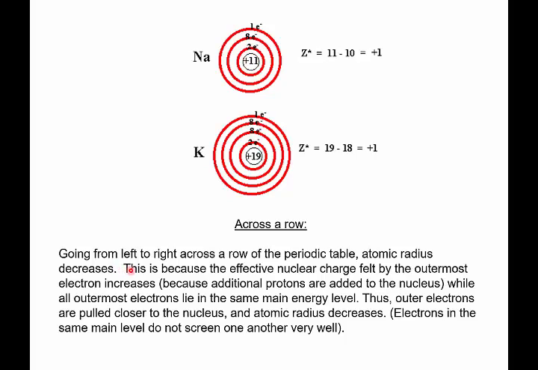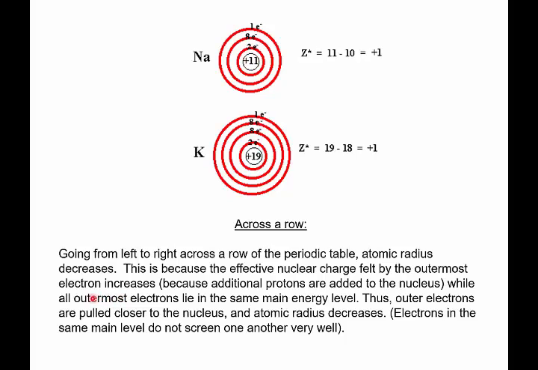Well, what's going on here is that the effective nuclear charge felt by the outermost electron increases, because when you go across a row, you're successively increasing the nuclear charge by +1, because you're adding an additional proton to the nucleus. When you move across the row, you also add an additional electron.